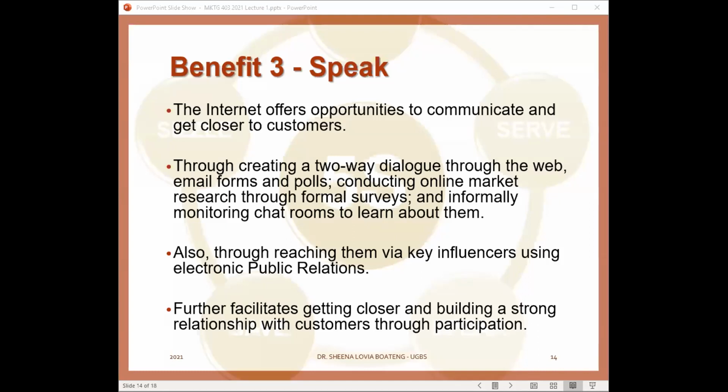And once they are able to establish a certain level of trust, it is easier for the firm to be able to sell to these customers and serve them, because they trust you and they believe what you tell them, and they will be able to buy whatever you sell to them, above and beyond the current products that they are buying from you, to the point where the firm can introduce new products and services, and they can trust that their customers will also buy those new products and services, because over time they have built that relationship where the customers believe the firm will always give them the best quality to satisfy their needs.